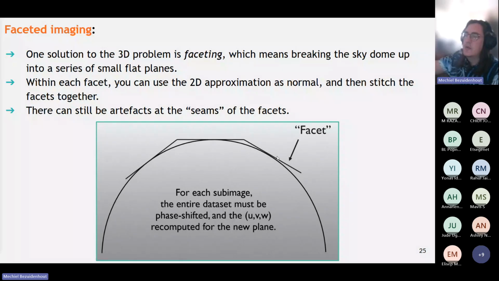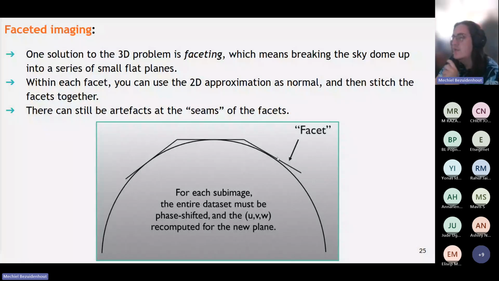So you break it up into flat planes, and on each of these flat facets, the two-dimensional approximation can hold, and you image it as usual using the 2D approximation, and then at the end you stitch all of those facets together.